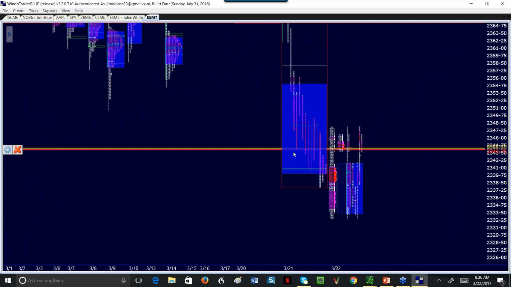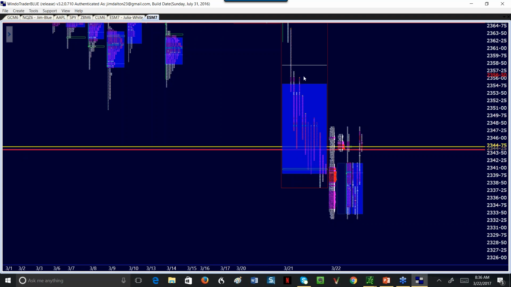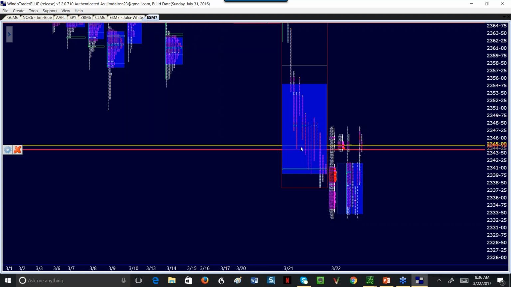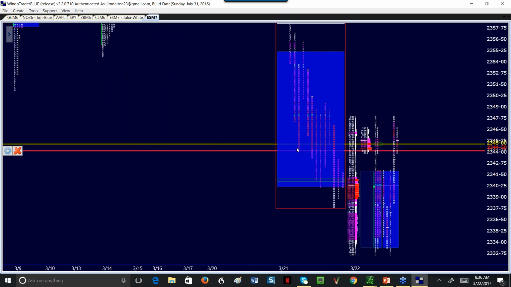So therefore, when the market rallied, yesterday I'm saying this is probably a weekly reference. It's mechanical. The market rallied considerably. This low is at 23.4450. From there, the market rallied all the way up to 23.5625.